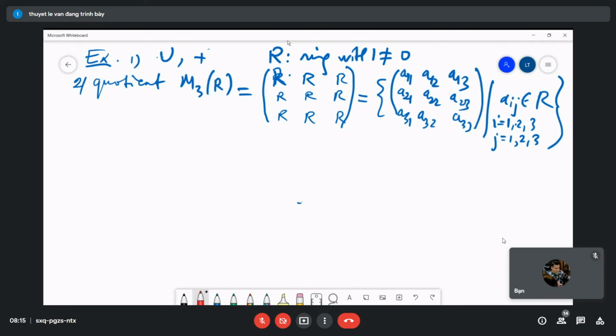Now I will take N equal to the set of elements where the middle entry is 0.